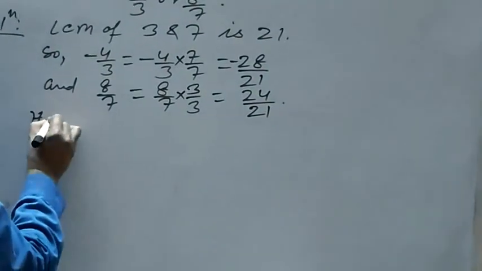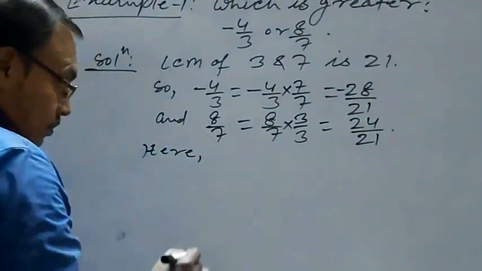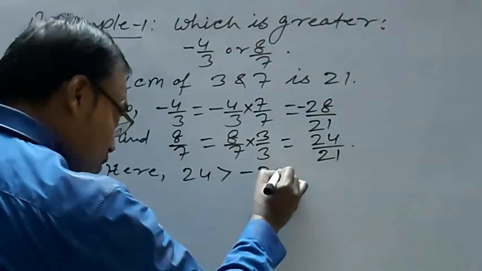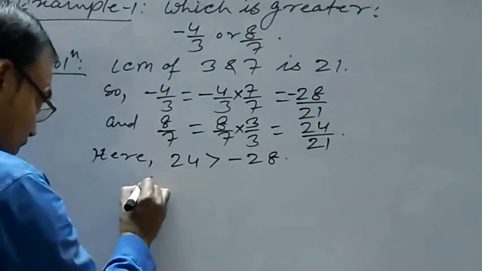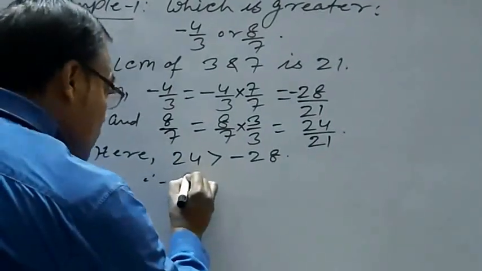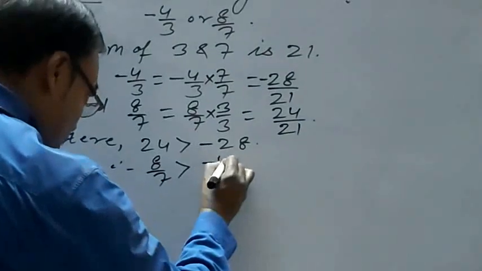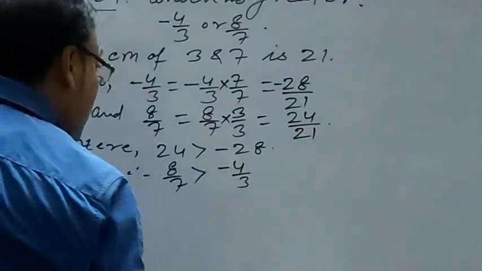Here 24 is greater than minus 28. Therefore 8 by 7 is greater than minus 4 by 3. Right?